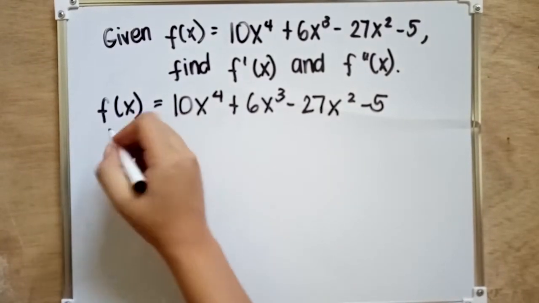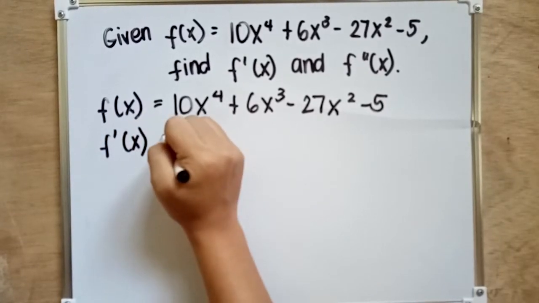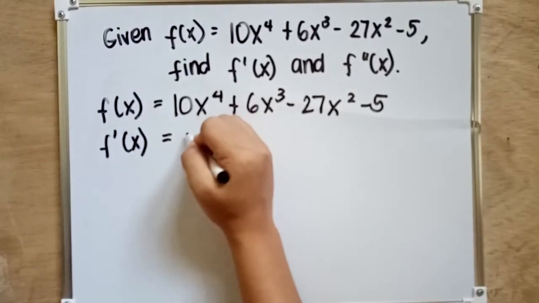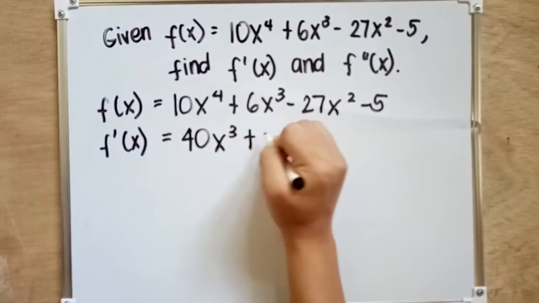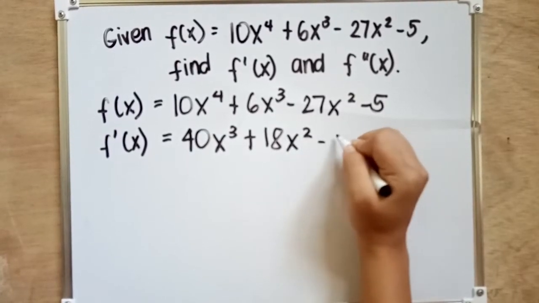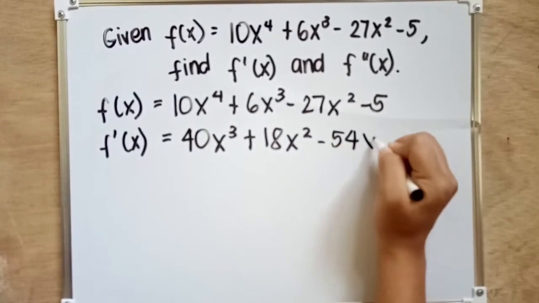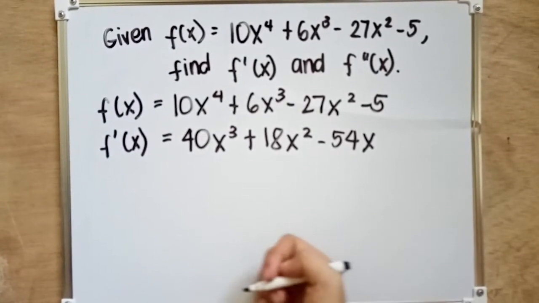Get the first derivative. F prime of x is equal to 40x cubed plus 18x squared minus 54x. Then minus the derivative of constant is 0.